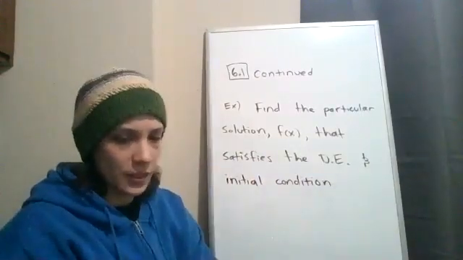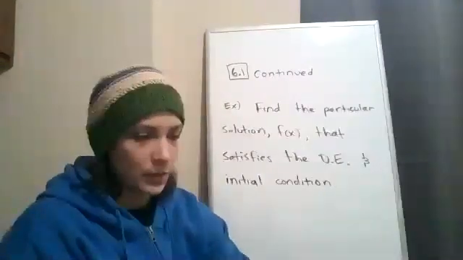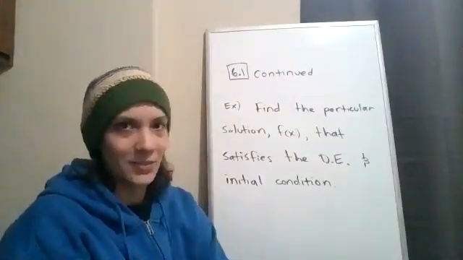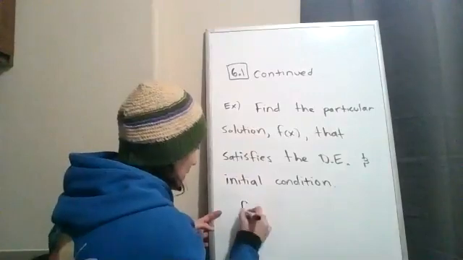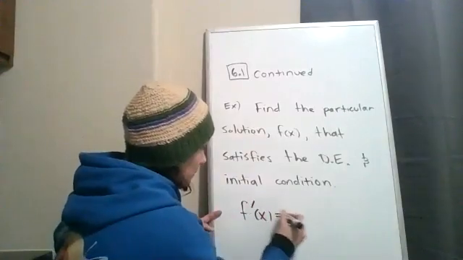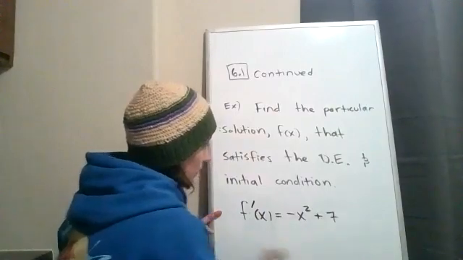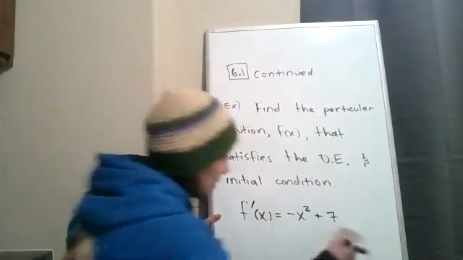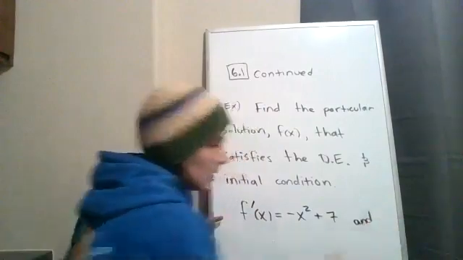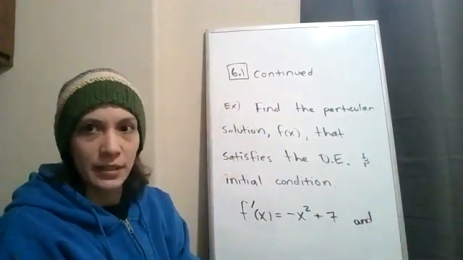Your differential equation is f prime of x equals negative x squared plus 7. And the initial condition is f of 0 equals 0.